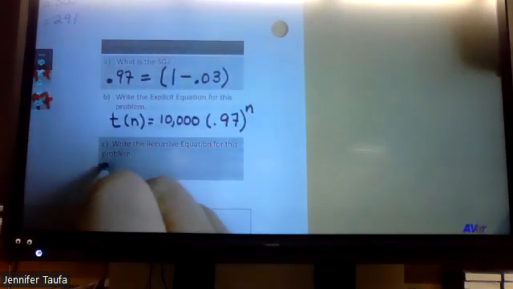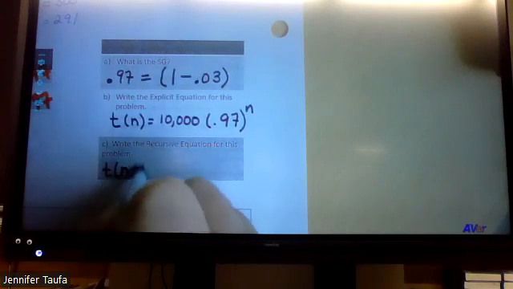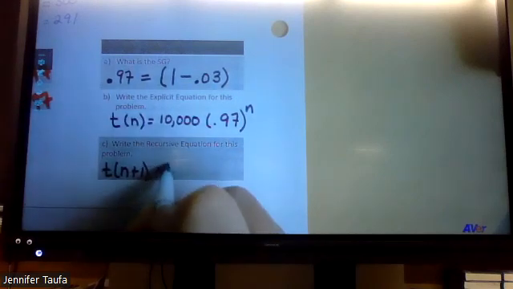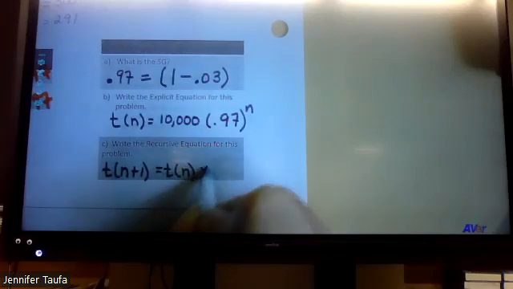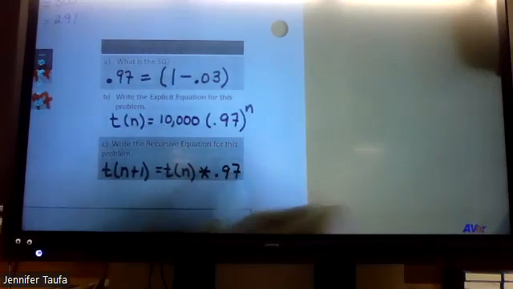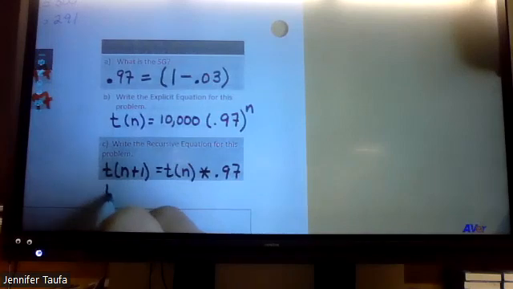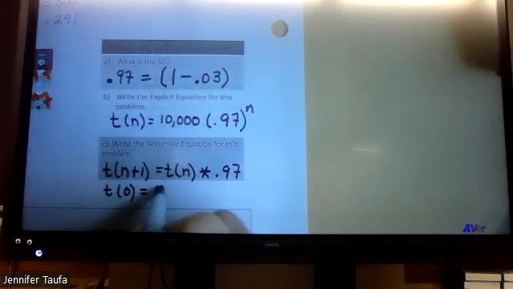There it is. And my recursive is going to be just like we always start: T of n plus 1 equals T of n times 0.97, and I started at T of 0 equals 10,000.